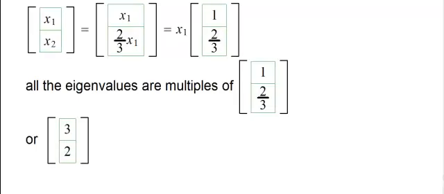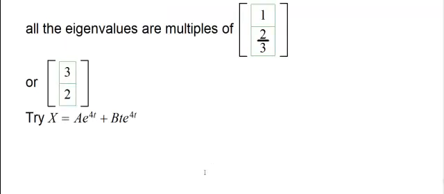So in this case, we are trying along the same lines as before. Try x equals a times e to the 4t plus b t times e to the 4t. Remember when you had repeated eigenvalues before, that's what had worked, right?